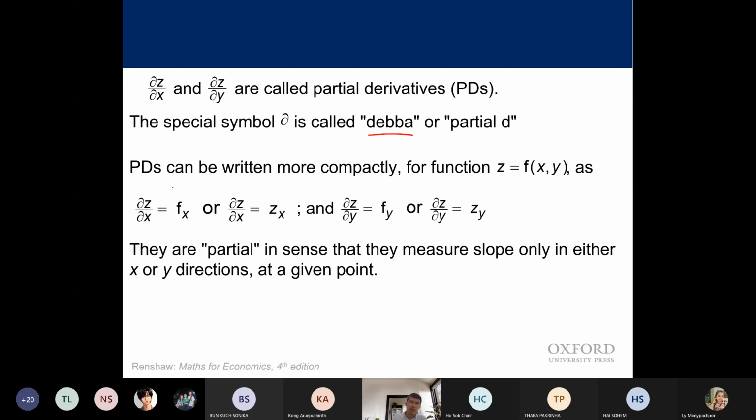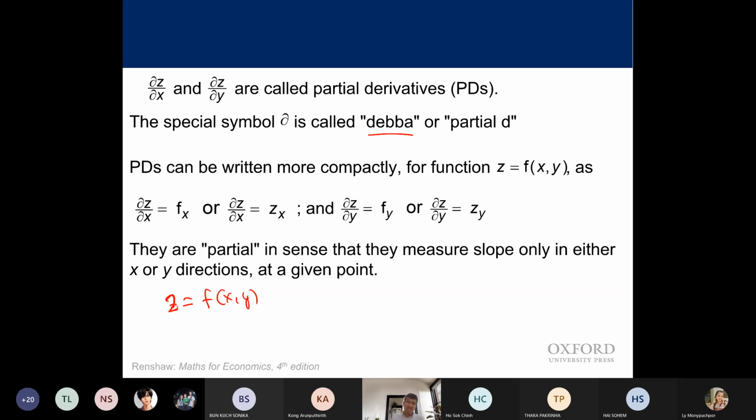By the way, z is a function equal to f of x and y, so the letter z and the letter f are kind of the same thing, right? They represent the function.